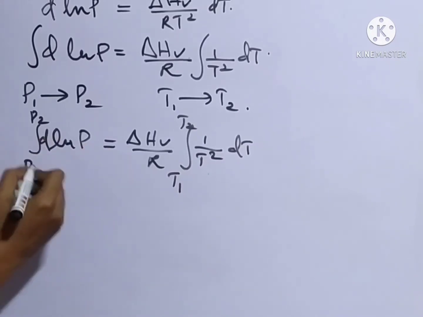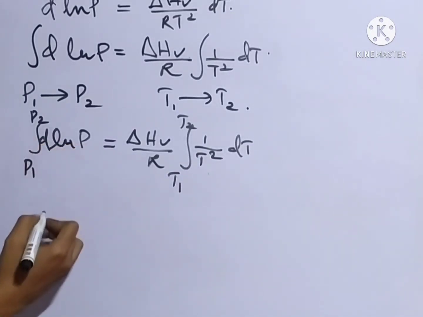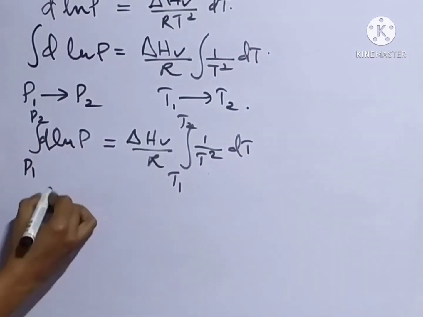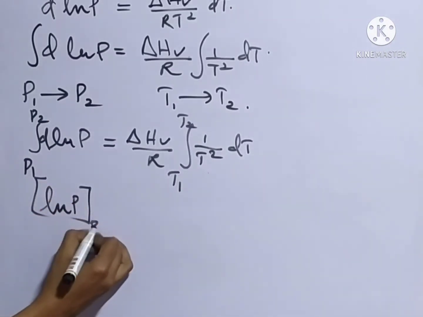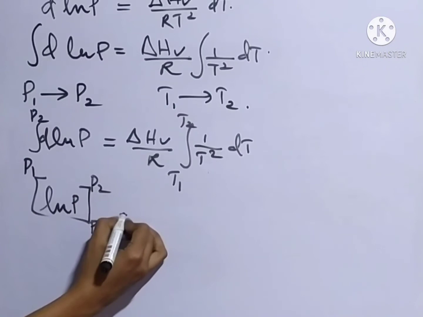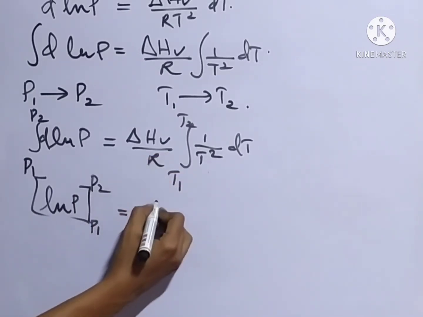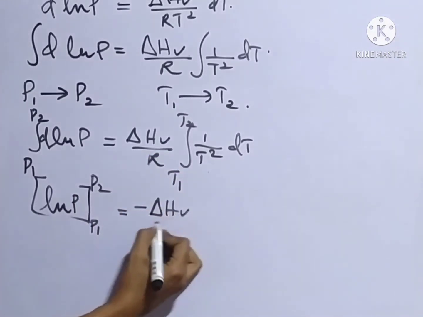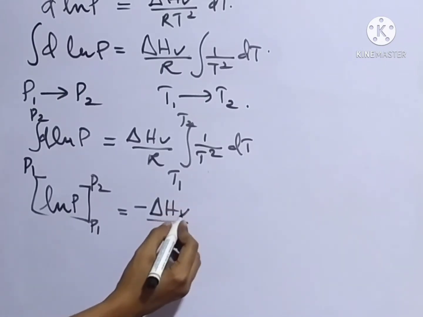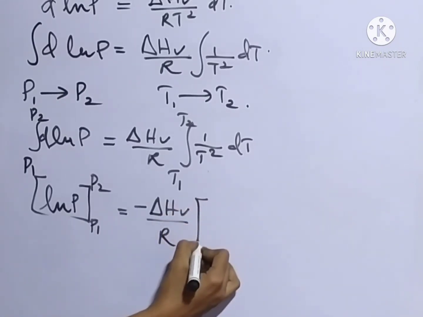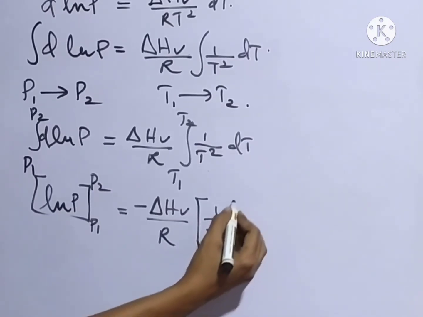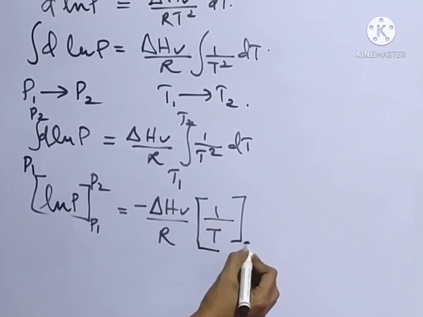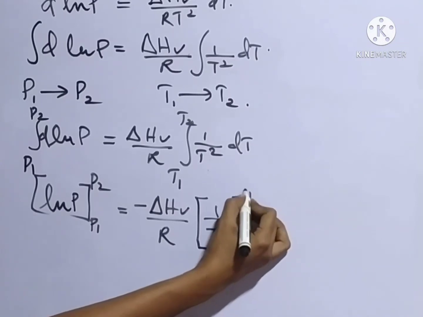So we'll get the answer like this: ln P from P1 to P2, and here we'll get minus ΔHv / R times 1/T from T1 to T2.